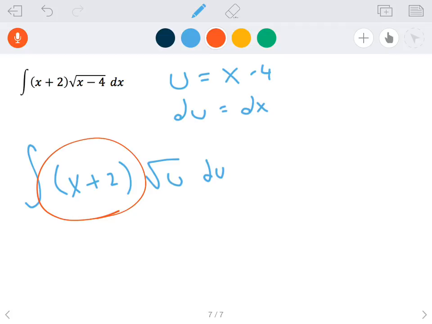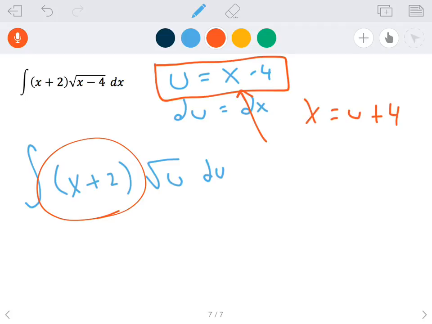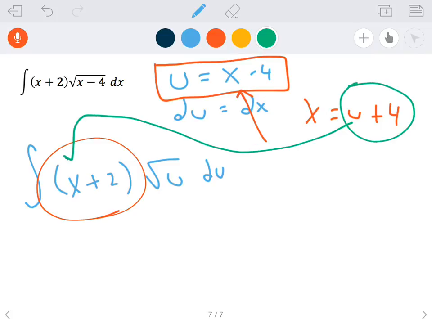What do? To get rid of a stubborn x, you go back to your original definition of u. I can solve this for x. I can say that x is equal to u plus 4. I can sub this in for x and get everything in terms of u.